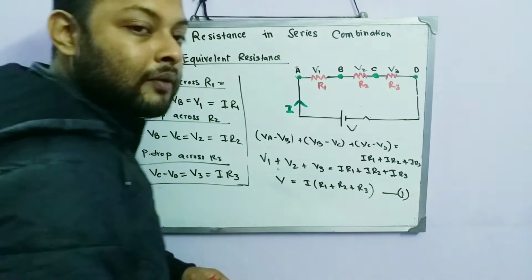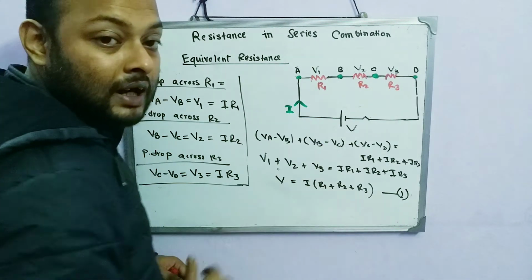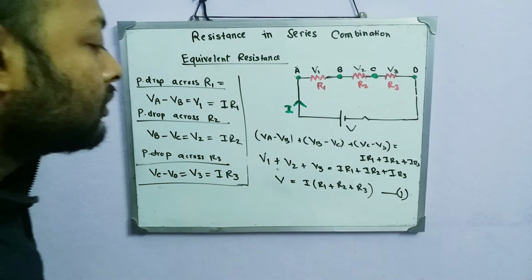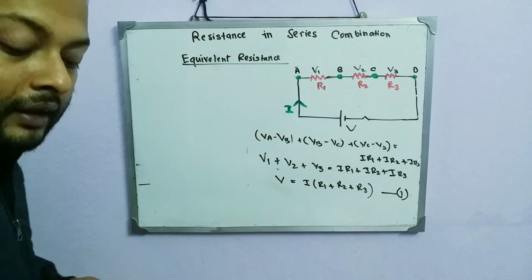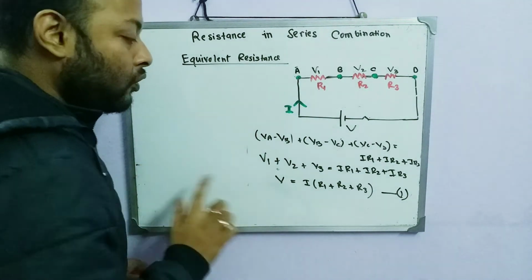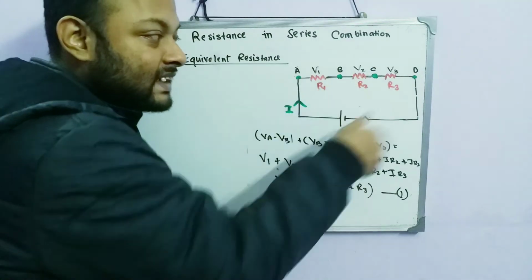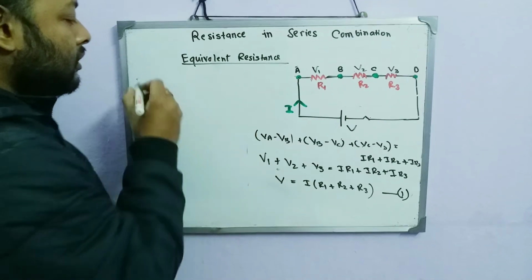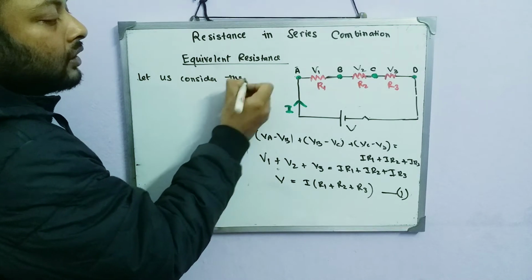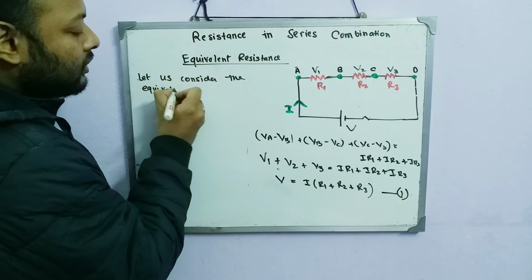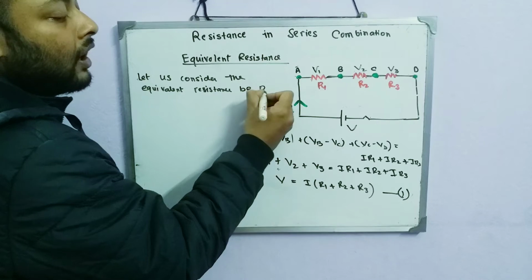Let this be equation number 1. So this potential V is equal to the current I into R1 plus R2 plus R3. Now let's consider that the resultant resistance of this entire circuit is Rs. So let the equivalent resistance be Rs.